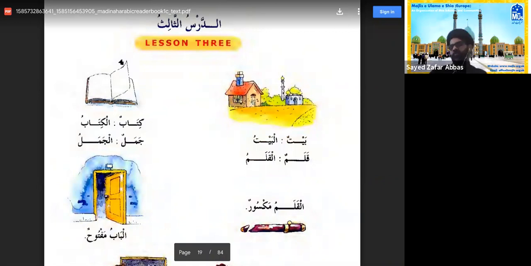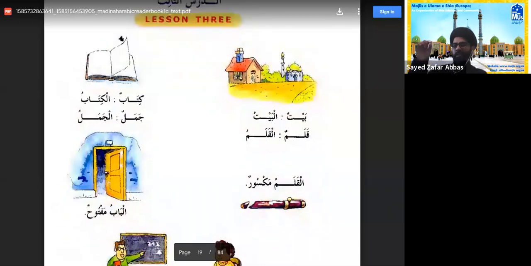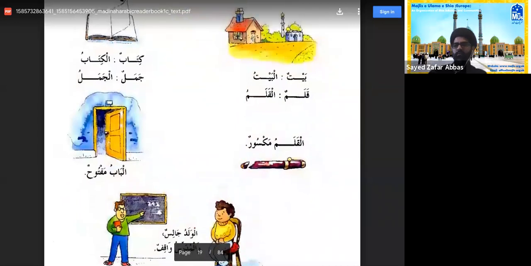So we have Bait, which is house, and we have Al-Bayt, which refers to a specific house. Similarly, we have Qalam, which is pen, and Al-Qalam, which is a particular pen. Kitab, Al-Kitab, Jamal, Al-Jamal.